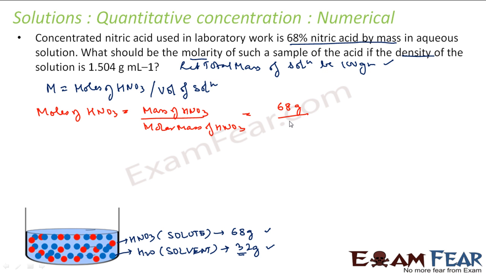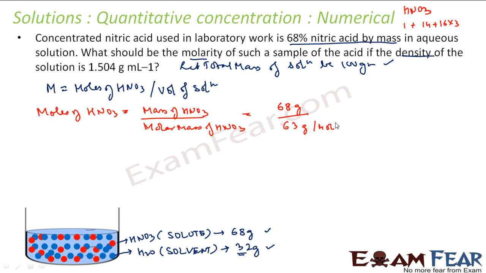Correct? What is the molar mass? Molar mass we can find very easily. Let's find here only HNO3. Hydrogen is 1, nitrogen is 14, oxygen is 16, and there are 3 oxygen atoms. So you see 48, 49, 14, it is 63 grams per mole.